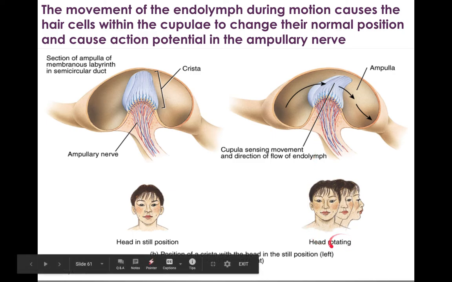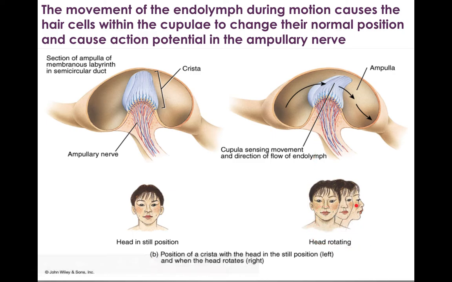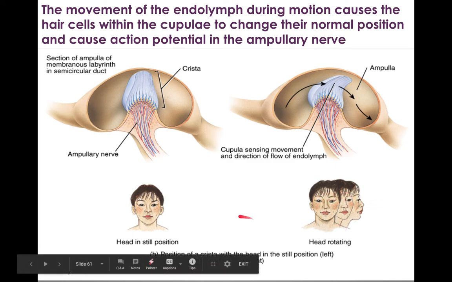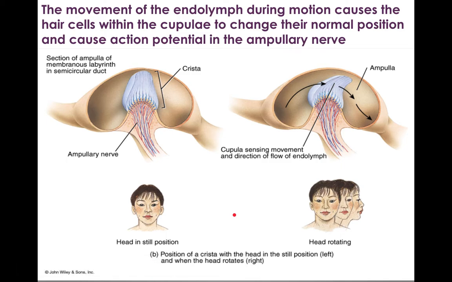So we have head rotating here, and it happens in a head rotation, but really this is for a whole body movement. There's 6 semicircular canals, which are all sending information to the brain as you're moving around in the world.